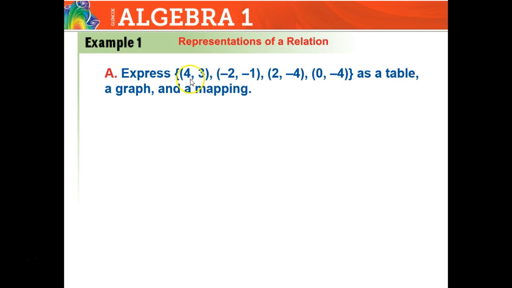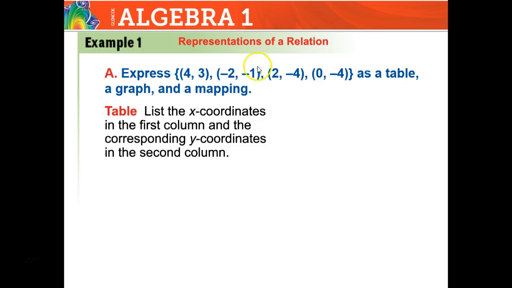For a table, the first coordinates are going to be the x's. The second coordinates are the y's. So that's what this little description tells you here. The first column are the x's. The second column is the y's. So go ahead, fill those in real quick, and then we'll check.